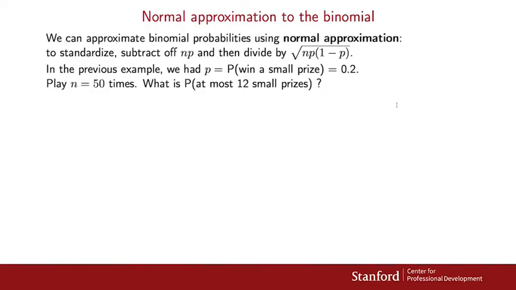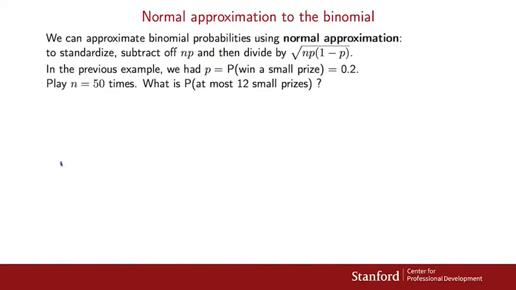But this is rather tedious work. We would have to compute the probabilities of having 0 successes, plus the probability of having 1 success, plus the probability of having 2 successes, and so on, all the way up to 12. On the other hand, if we use normal approximation, then this is a rather quick computation.